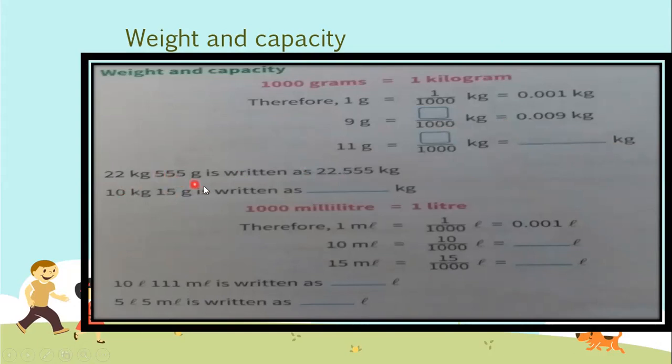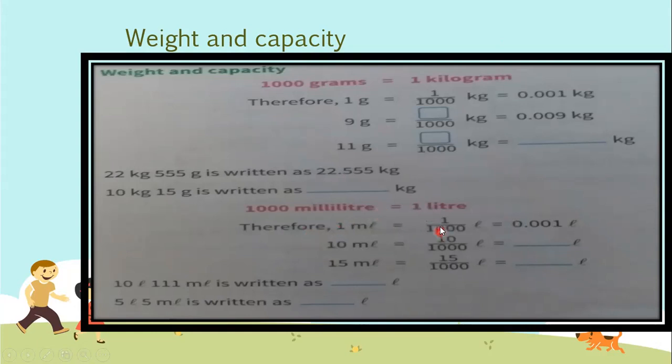Next is 22 kg 555 grams. How will we write it in decimal form? 22.555 kg. Next, 10 kg 15 grams is written as 10.015 kg. In the same way in capacity, 1000 milliliters equals 1 liter.